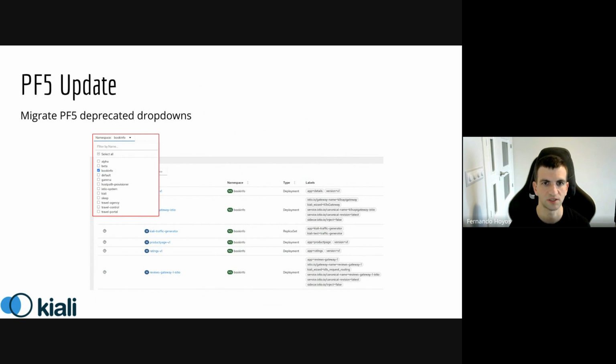This sprint, we have migrated the dropdowns. All the dropdowns within the Kiali application have been migrated. Next sprint will be the turn of tables. And we hope that with this task, we will be able to complete the Patternfly 5 upgrade process.